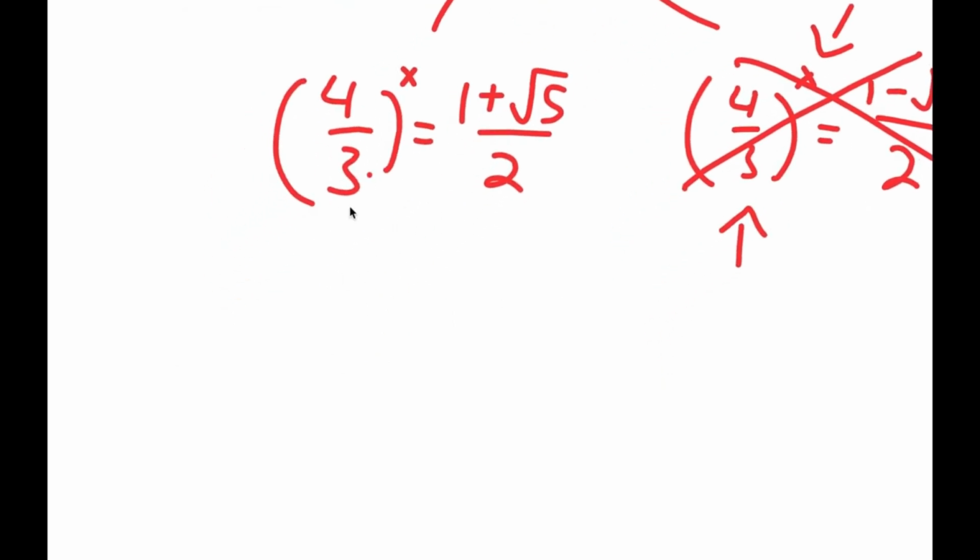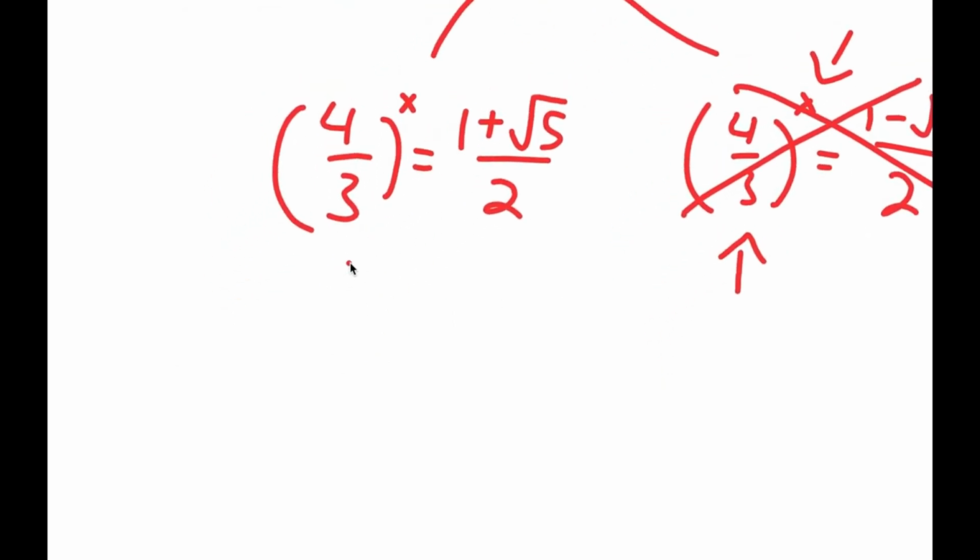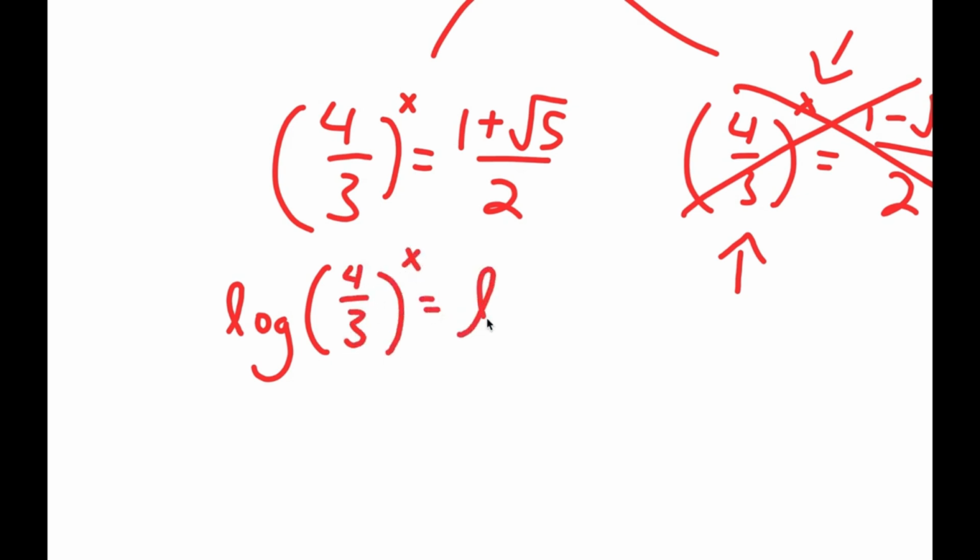So, to solve this equation, what I'm going to do is start by taking the log on both sides. So I get log 4 over 3 to the power of x is equal to log 1 plus the square root of 5 over 2.